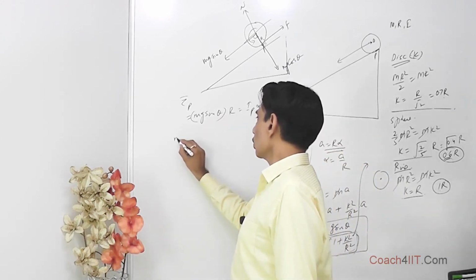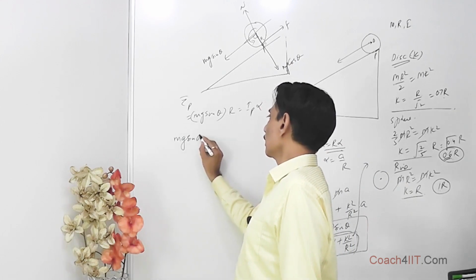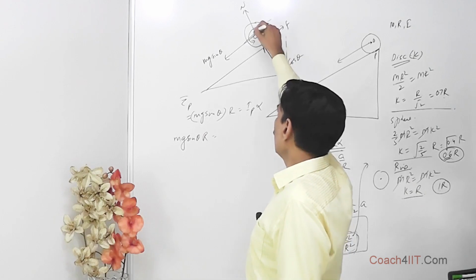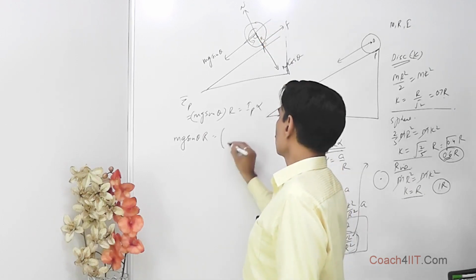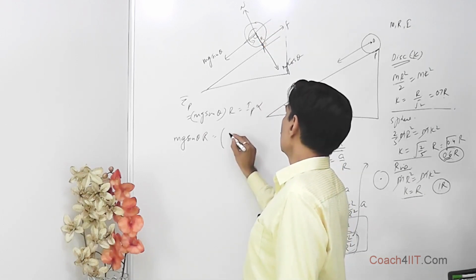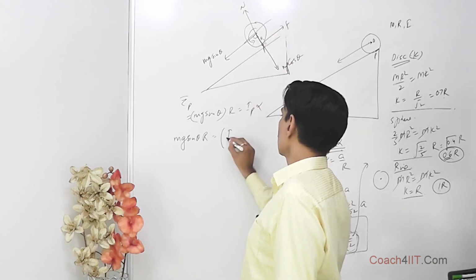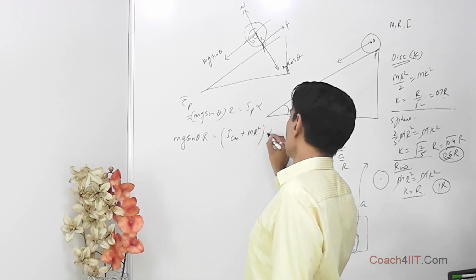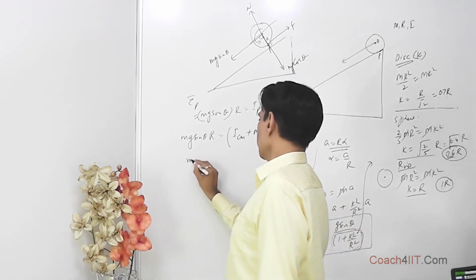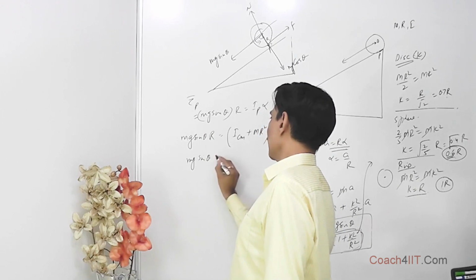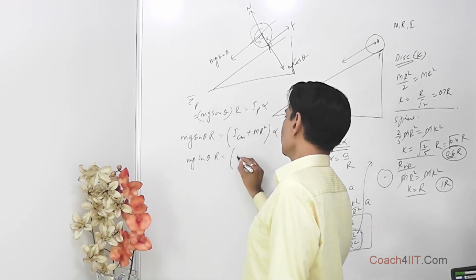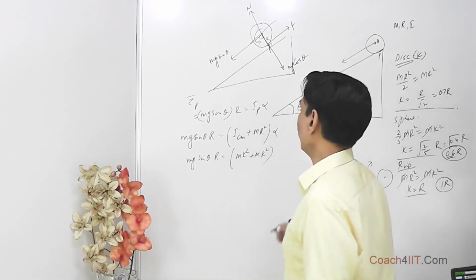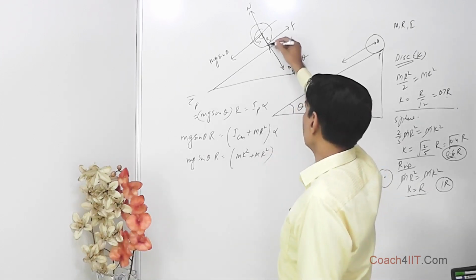So mg sin theta into R is equal to I about P, which is I about CM plus MR square, into alpha. So this comes out to be mg sin theta R is equal to ICM, which is Mk square, plus MR square, into alpha.